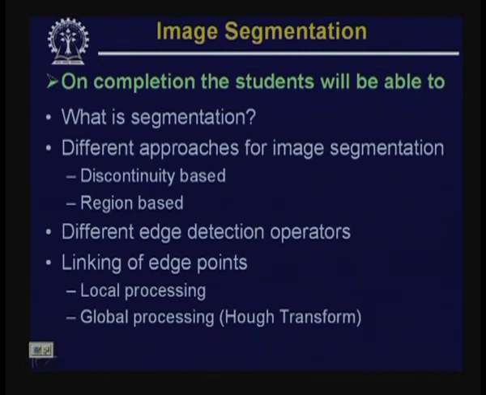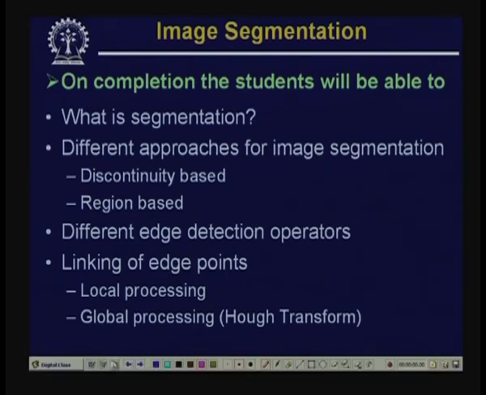Now, let us see what is meant by image segmentation. By image segmentation, we mean a process of subdividing an image into its constituent parts or objects in the image.